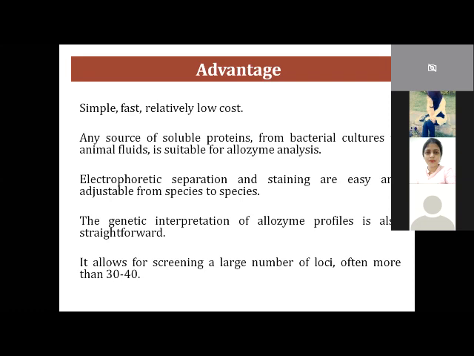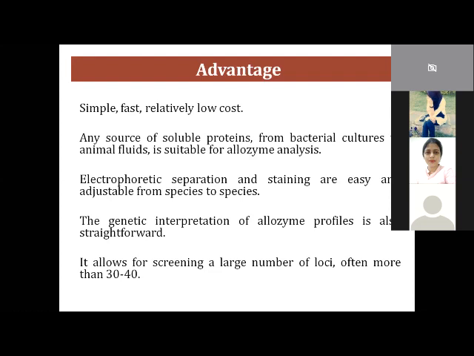Then the source of the sample can be any biological fluid. I have told you it can be from a bacterial culture, or it can be an animal fluid. And the electrophoretic separation and staining is very simple. Then the genetic interpretation is also very straightforward. If two bands are present, it means both isoforms are present in one individual.